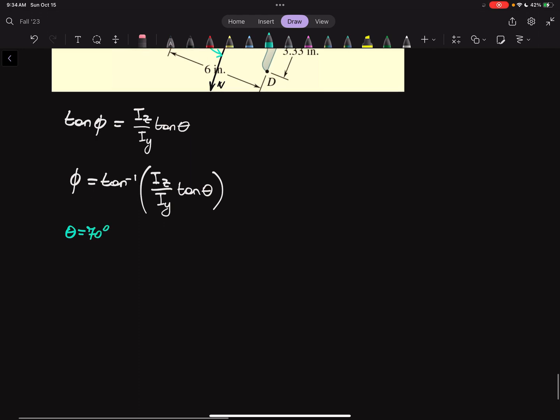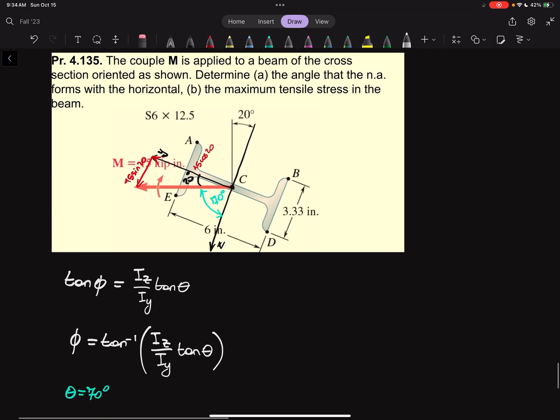What about Iz? Well, they give you the type of cross-section. So what you need to do is go to the appendix of the book, which is, I believe, Appendix E. Then you want to go to the particular cross-section that they mentioned, which is S6 times 12.5.